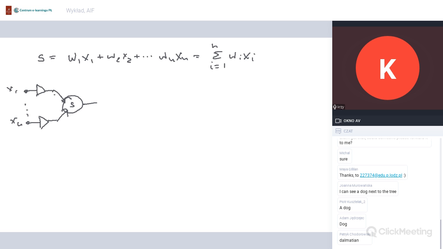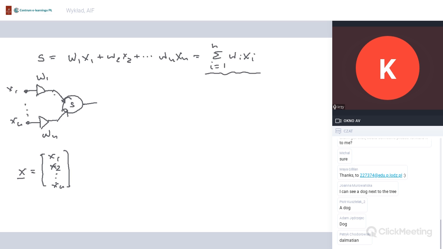Actually, I'm using this notation, but this is not the favorite notation that is used in the realm of neural networks, because basically I can arrange the input data into a vector. So I have a vector, and this vector contains as many components as many inputs my neuron has.